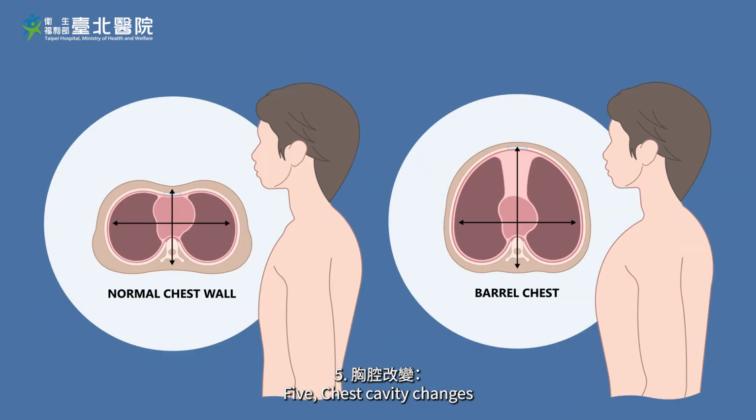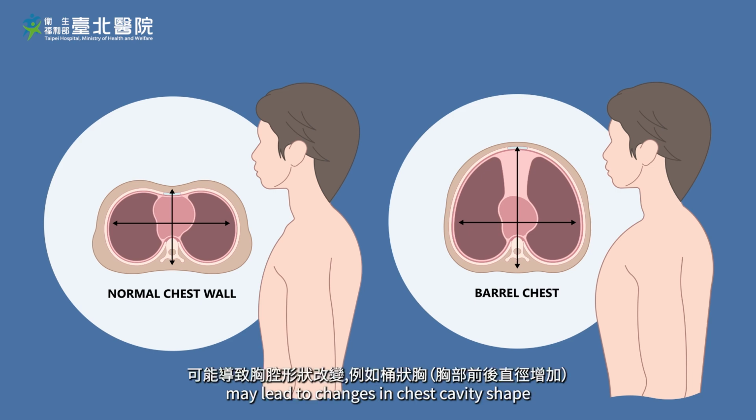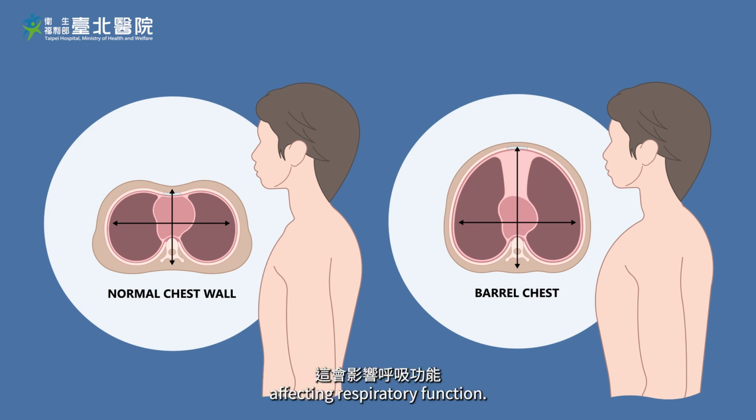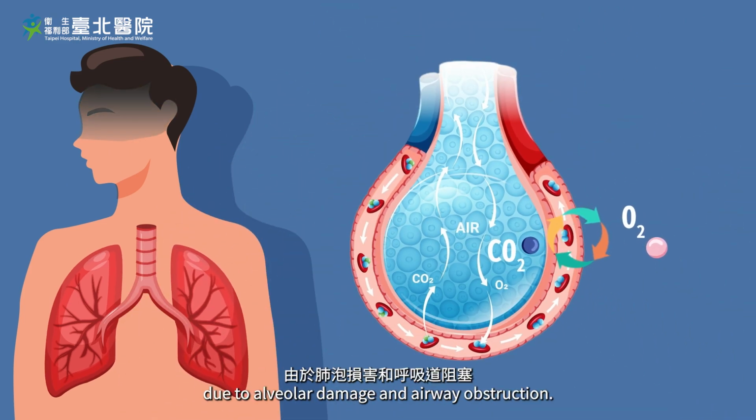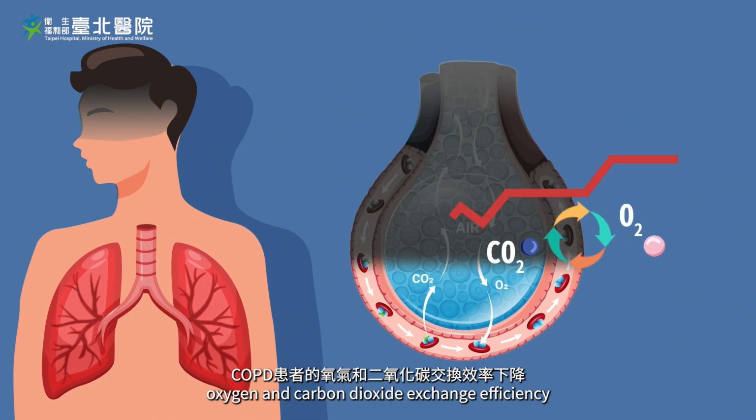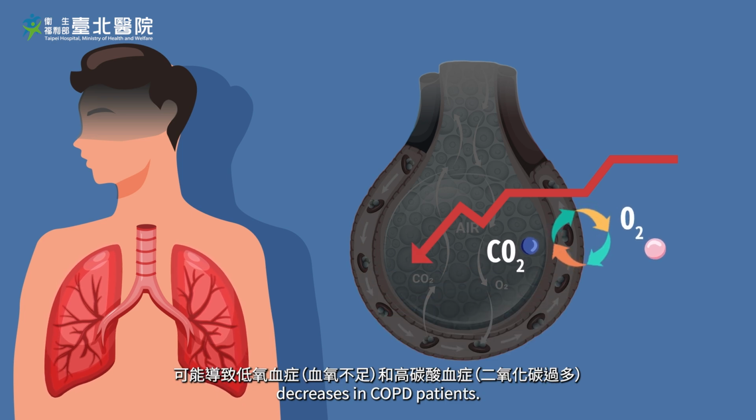Chest cavity changes. In severe COPD cases, lung expansion and alveolar destruction may lead to changes in chest cavity shape, affecting respiratory function. 6. Poor gas exchange. Due to alveolar damage and airway obstruction, oxygen and carbon dioxide exchange efficiency decreases in COPD patients.